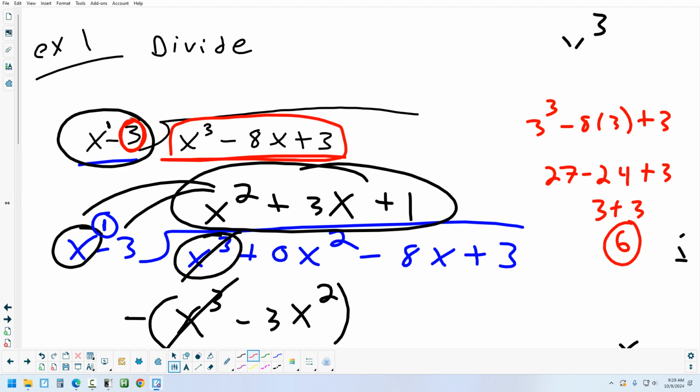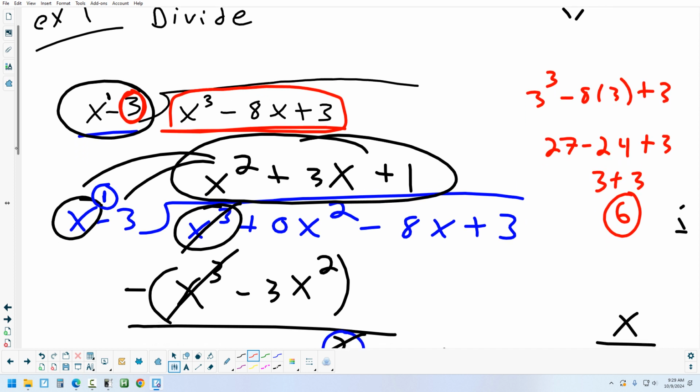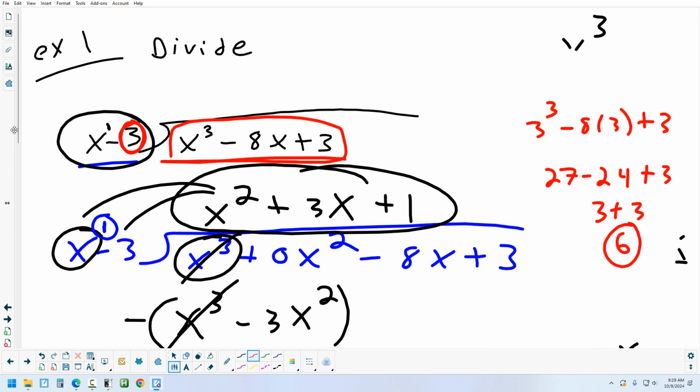On the test, there may be questions asking for the remainder, and I might give you a really large exponent, like 42. It's so large you couldn't do the long division because you'd need 42 columns. But if you use the remainder theorem, you can do it in under 10 seconds, as quick as we did that one.